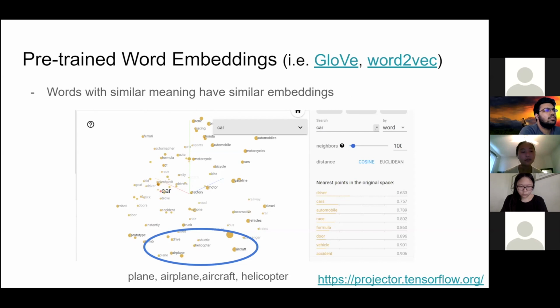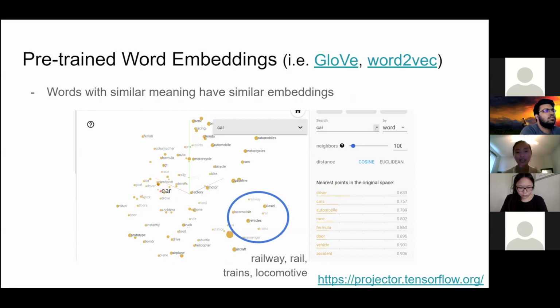Even within this small subset, we can see that all these words that have to do with airplanes, such as plane, aircraft, helicopter, happen to be in one area of this visualization. Then we can also pick out one hotspot where we can identify all these words that have to do with railways, rails, trains, and locomotives. So this is very cool.